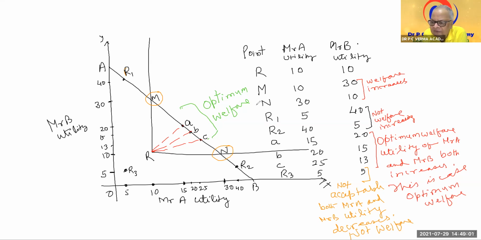If all are benefited and not a single person is adversely affected, then it is a Pareto optimum.